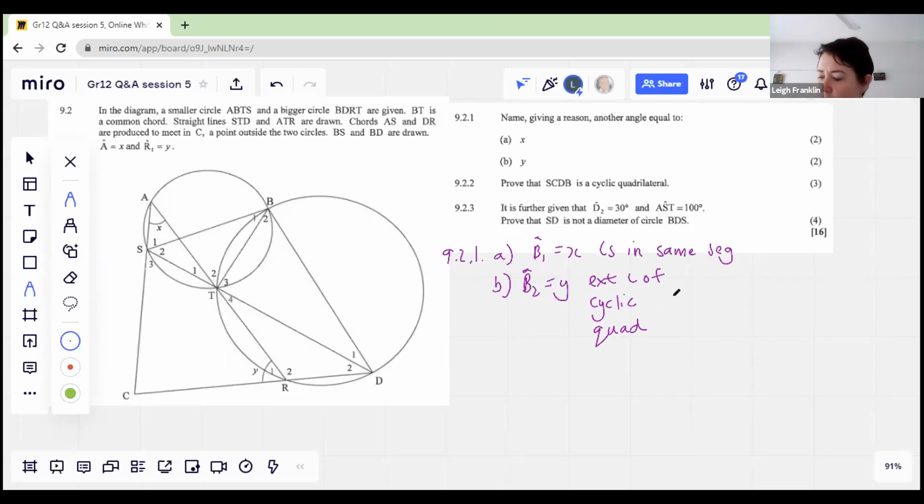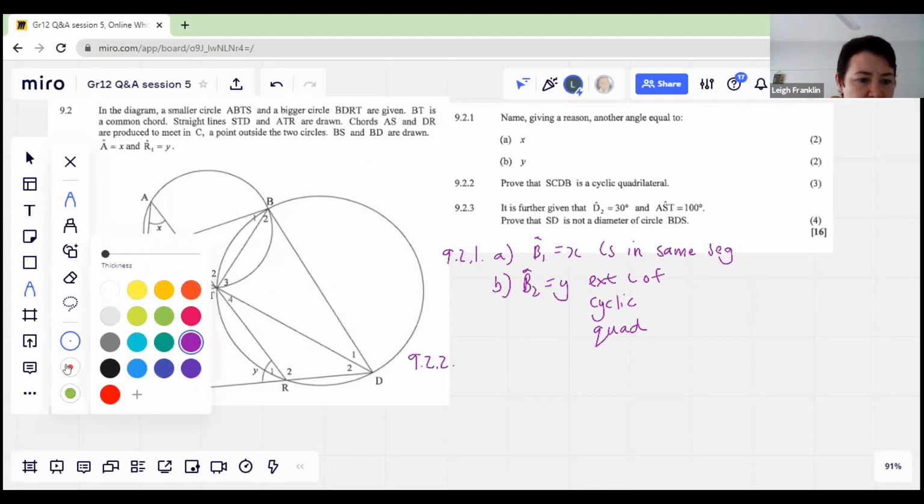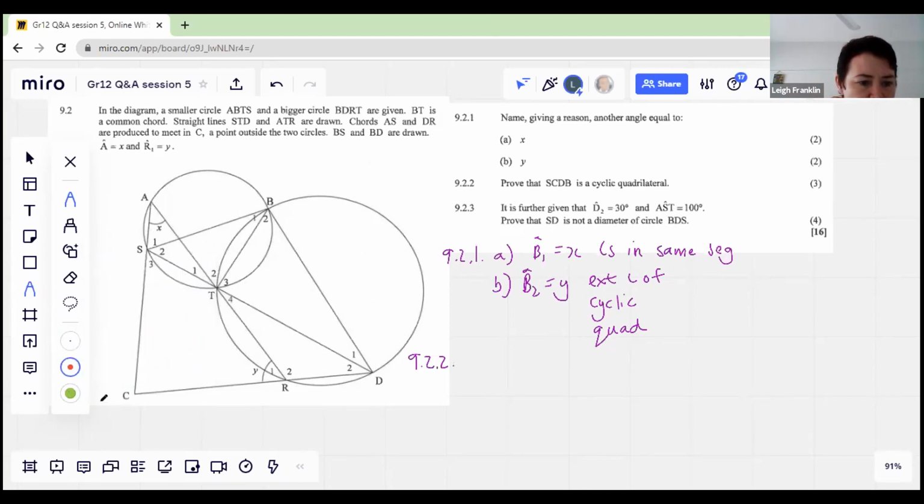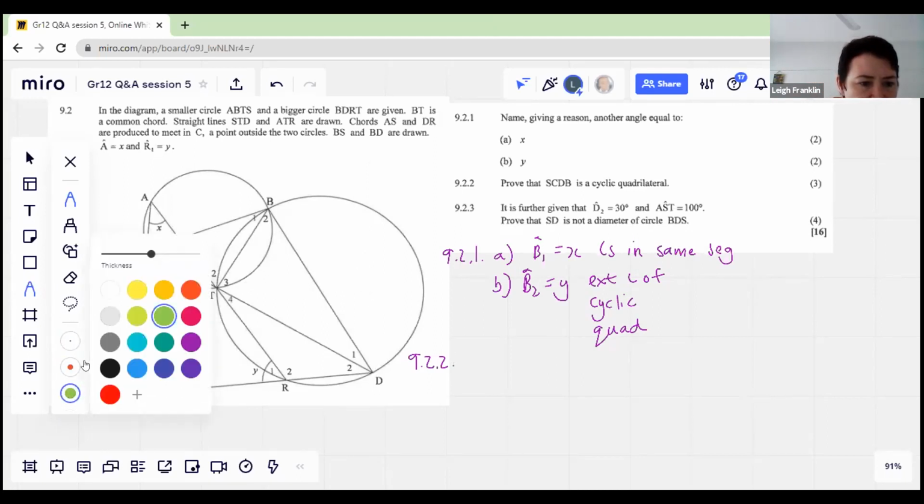Next one, 9.2.2. They will definitely give you something like this tomorrow. They always do. You have to be able to prove that a quad is cyclic. So I would definitely expect a question like this. So before we jump in, let's go and highlight the quad they want us to prove is cyclic.